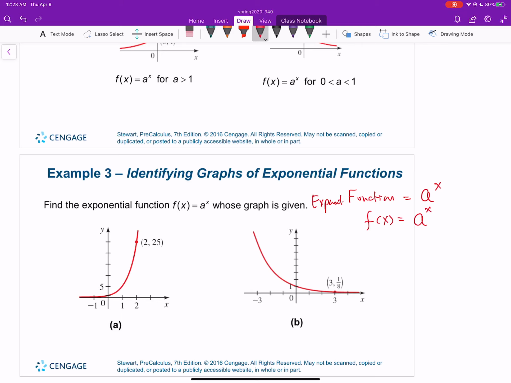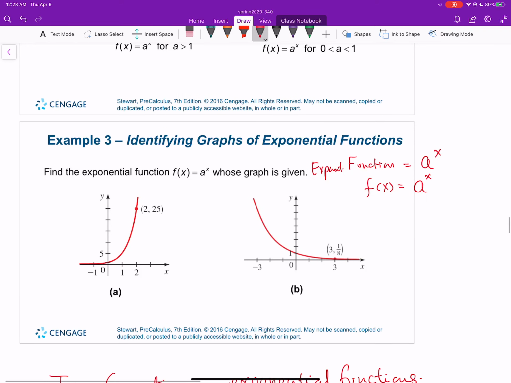So if you look at example 1, if you have the point (2, 25), all that tells us is that the input was 2, the output was 25. So f of 2 is going to be equal to a to the 2 must be equal to what? 25.